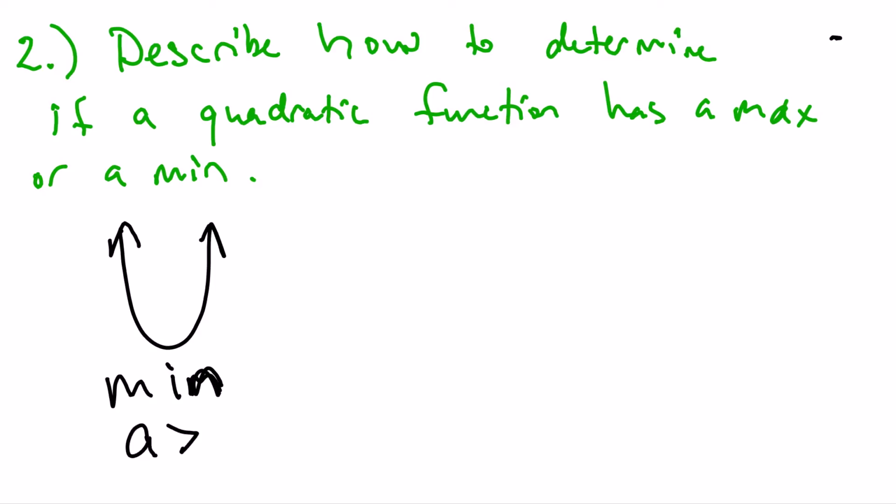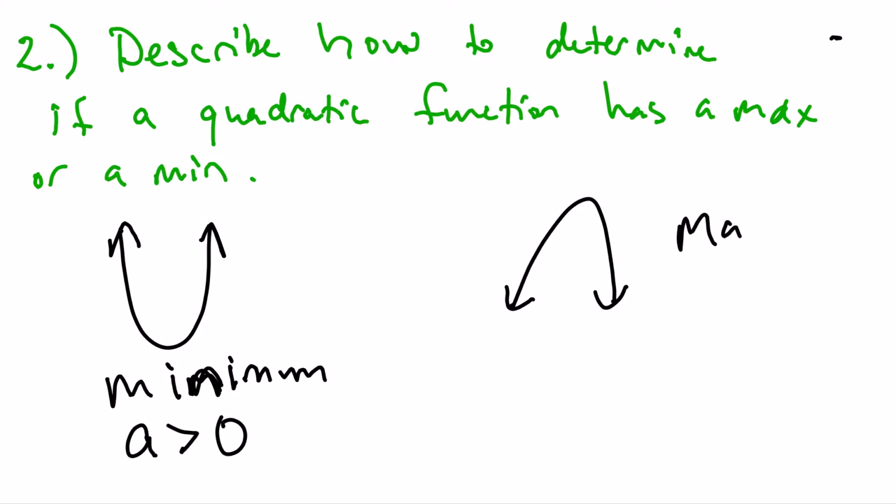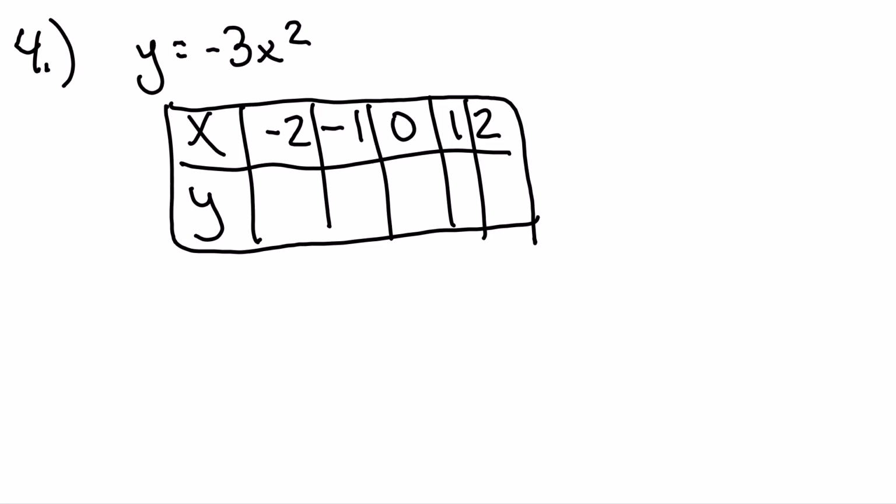So if your A is positive, you're happy, and it's got a bottom, so it's got a minimum. If your graph is an upside down U, that's when it has a maximum. And if you wanted to know just by looking at it without graphing it, if the number in front of the x squared is negative, then it's a frowny face.